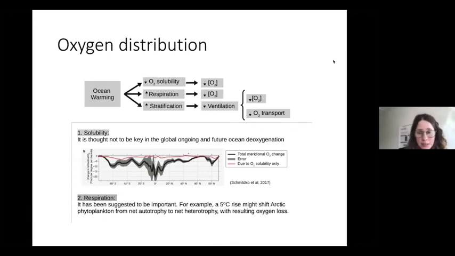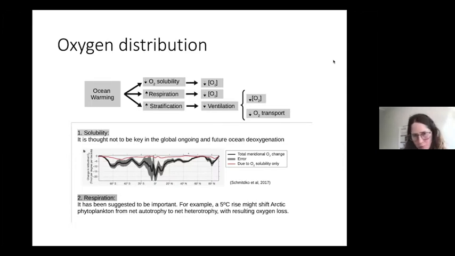It is estimated that an increase of 5 degrees in temperature can really shift the phytoplankton from autotrophic to heterotrophic, and this of course could reduce the oxygen concentration.